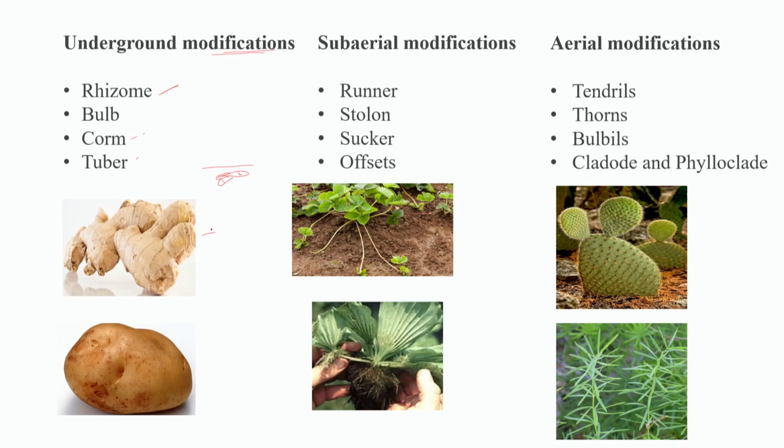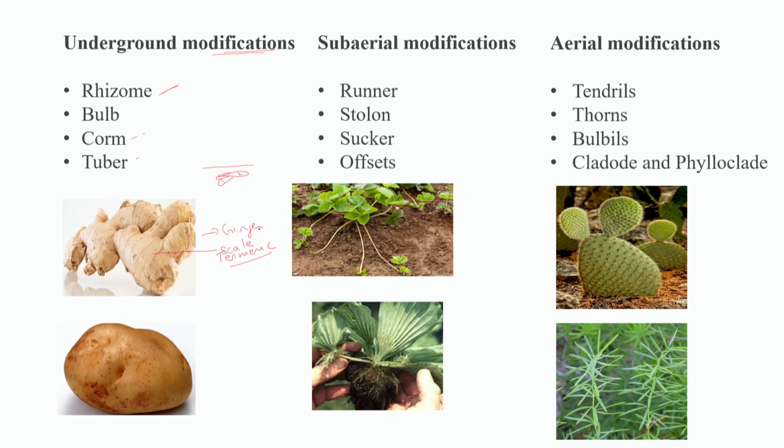An example is ginger and turmeric. So this is actually a stem, but it doesn't look like a stem; it is a modification of stem found underground. You can see some scar-like structures, so they are nodes, internodes, and scale-like leaves are there.